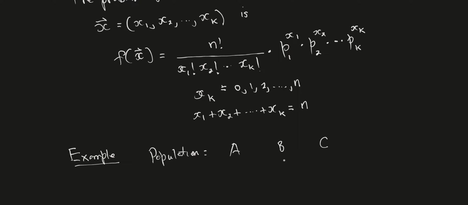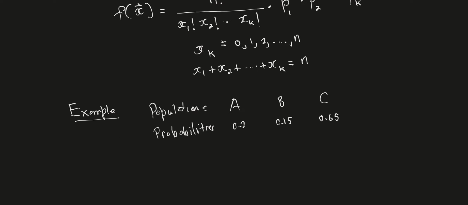These are, again, mutually exclusive and exhaustive. So these would be our little p's. Let's say 20% of our population is in category A, 15% in category B, and then the remaining 65% are in category C.